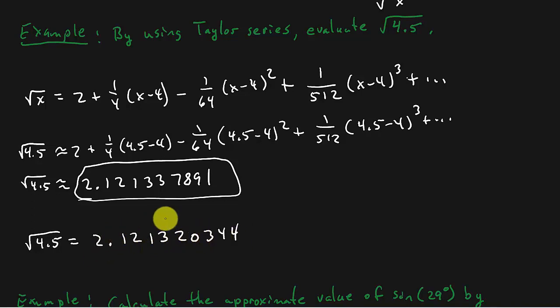And you can see this matches to 4 decimal places. So that's not too bad. And we only did 4 terms in the Taylor series. And you can see how accurate we got. All right.